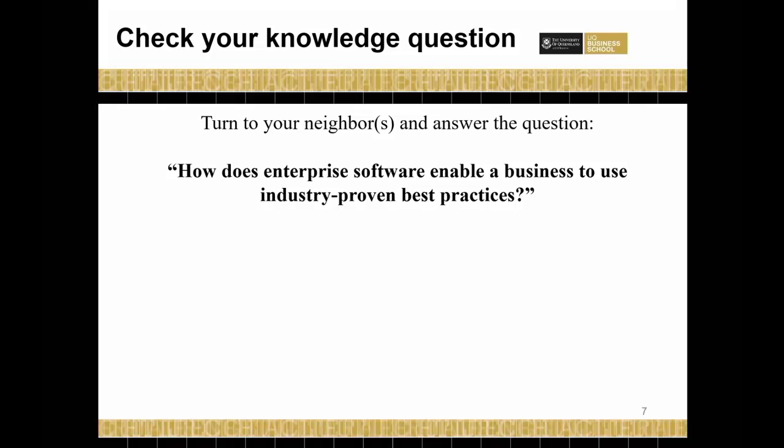And that knowledge flows then into their software. So the ERP software is developed where the requirements represent industry-proven best practice ways to conduct business processes. And then by definition, when you take a system that has been developed based on best practice and you implement it in your company, you are having best practice business processes.